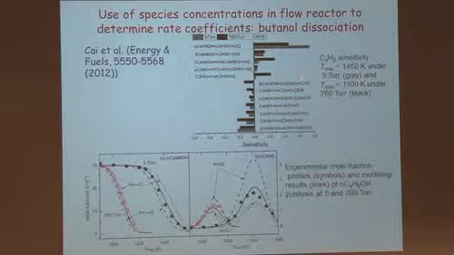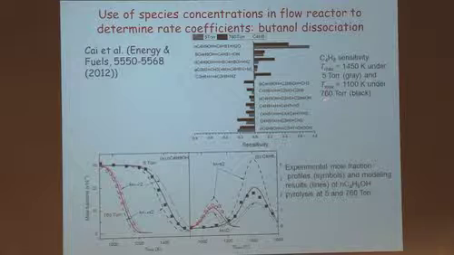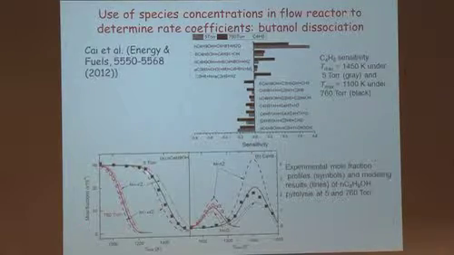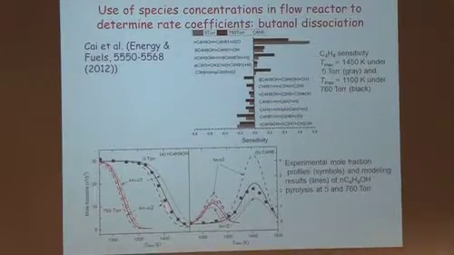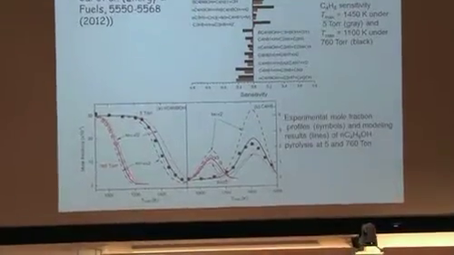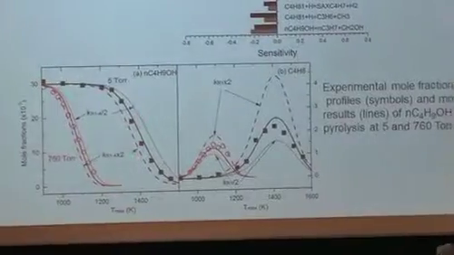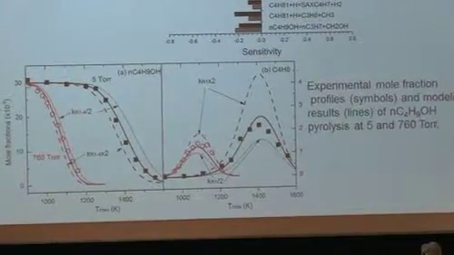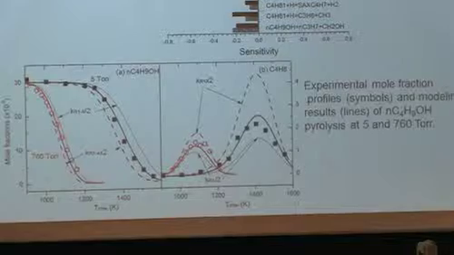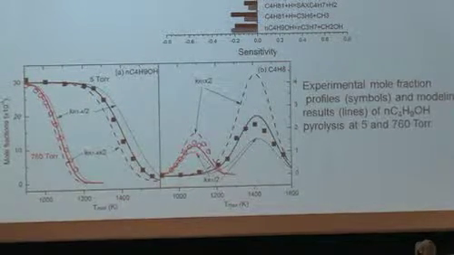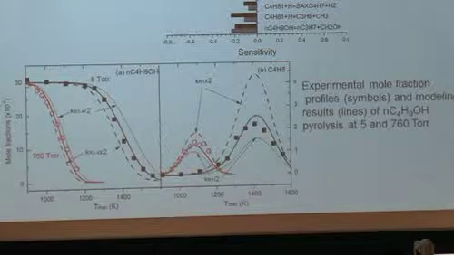So these are C4H8 sensitivities, Tmax 1450K, 5 torr, and 1100K, 760 torr in black. And so these are the mole fractions and fits to the mechanism, to the rate coefficients for particular reactions here, and varying those rate coefficients by a factor of 2. So this is an interesting technique which can look at lower temperatures, especially in the autoignition regime, and extract rate coefficients.